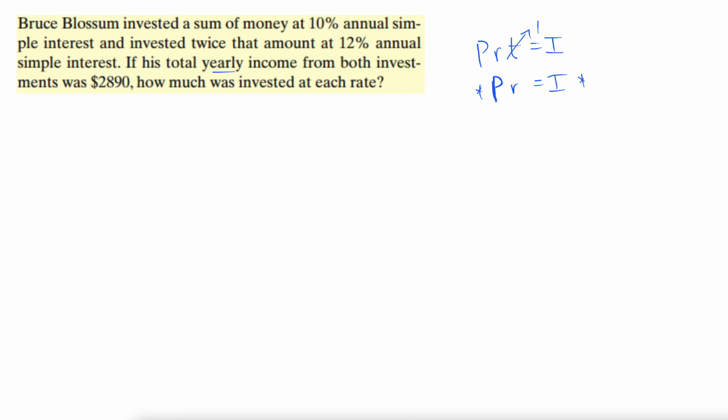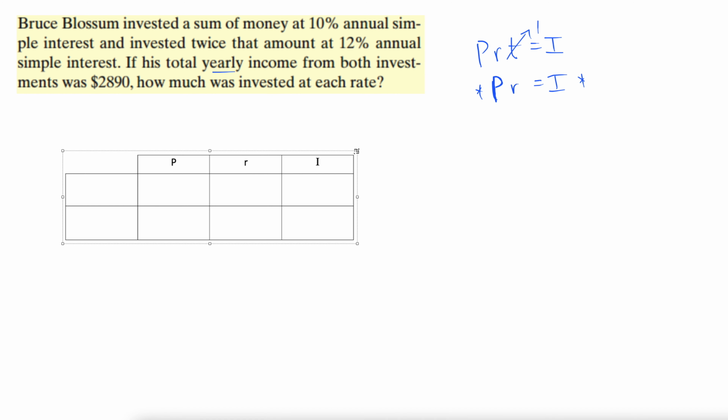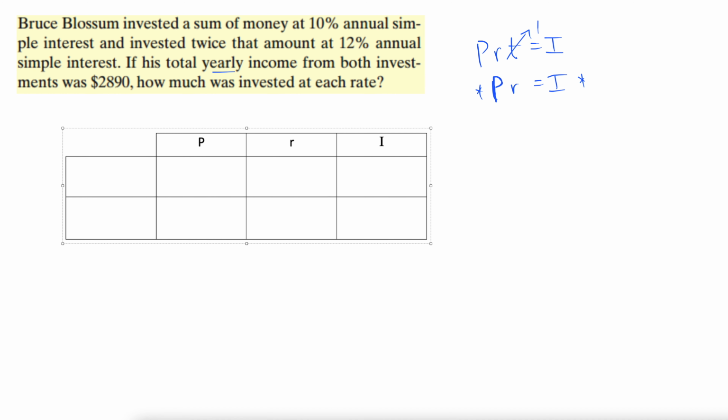Okay, so here's the table, and there we go. Principal times rate equals interest. All right, pause the video here, work out the rest of this problem, and we'll compare answers.